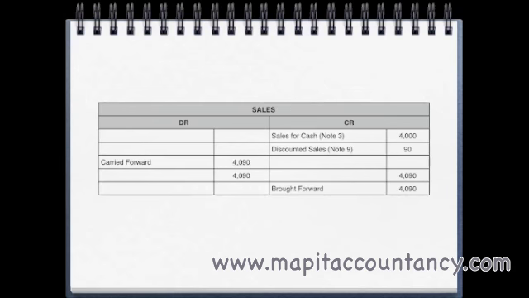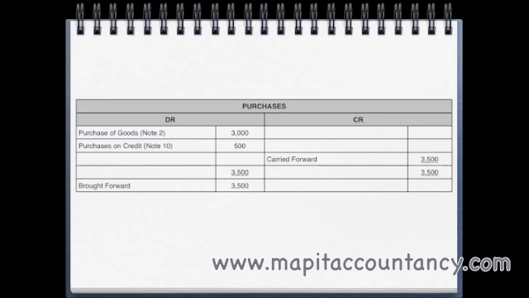For our sales account, we had our amounts of 4,090. So adding it up, there's only one side in there, so it comes to 4,090. So the carried forward balance on the debit side is 4,090, and we bring that forward to the other side underneath, 4,090. For our purchases, again, we only had debit entries, so adding those up, we get 3,500.